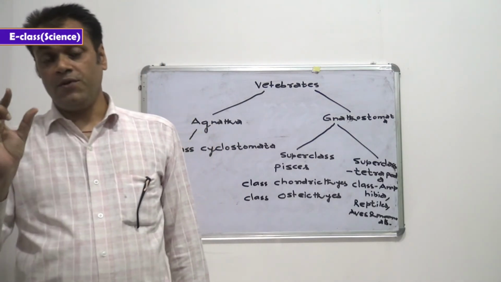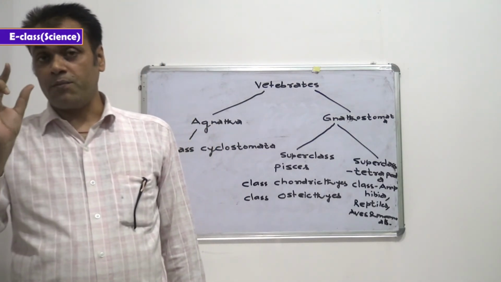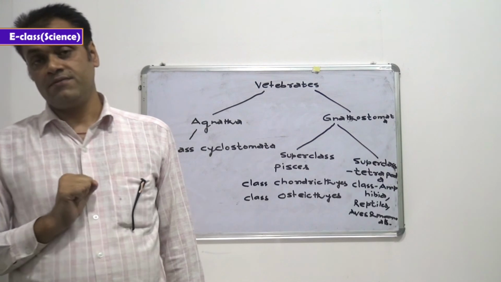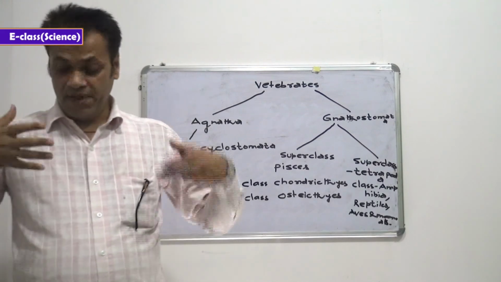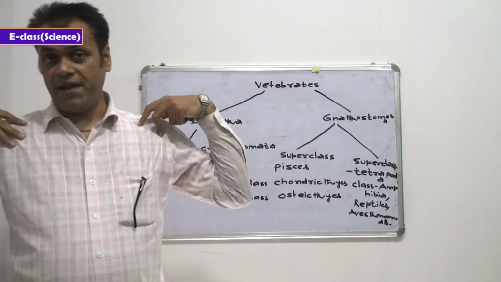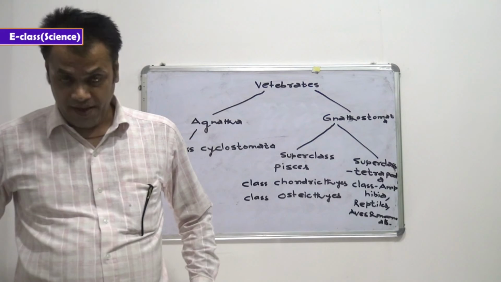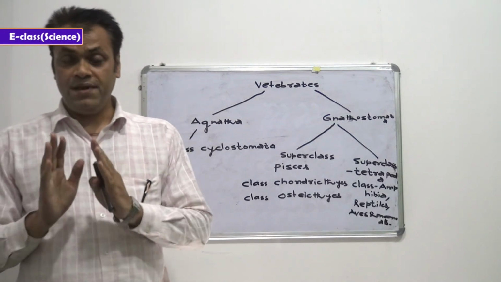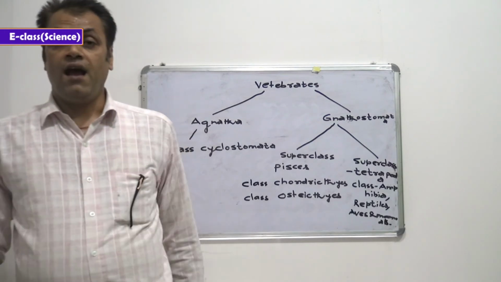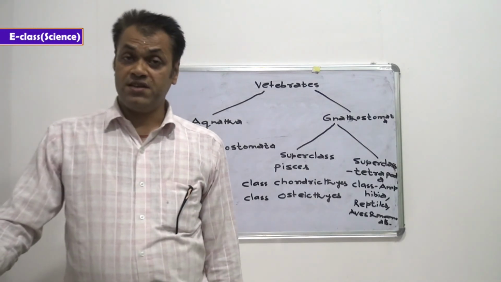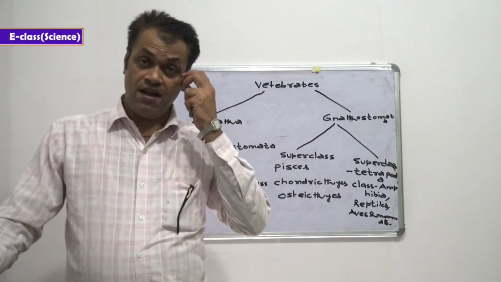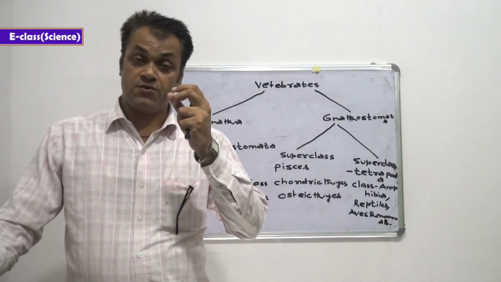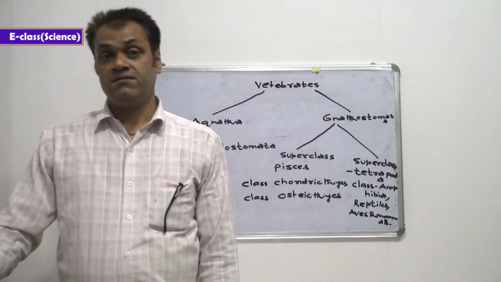Paired appendages, the upper pair and the lower pair, hands and feet, may be absent, and a single nostril is present, and the internal ear contains one or two semicircular canals.